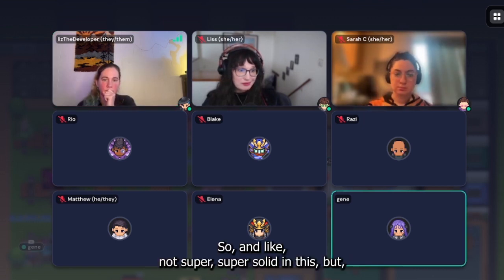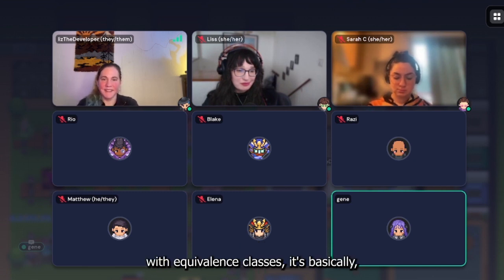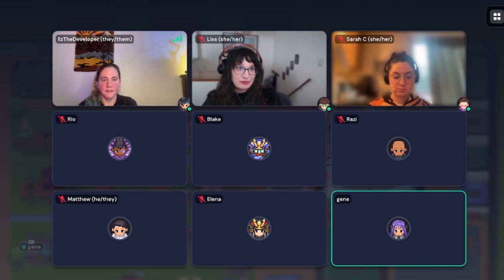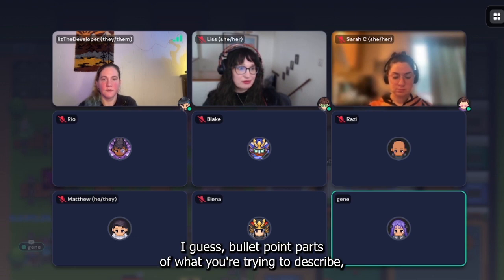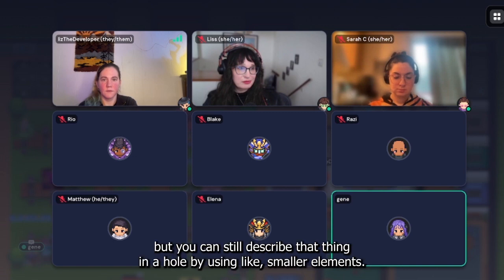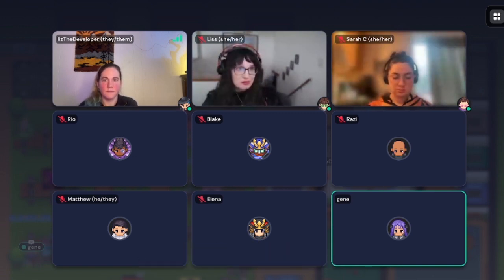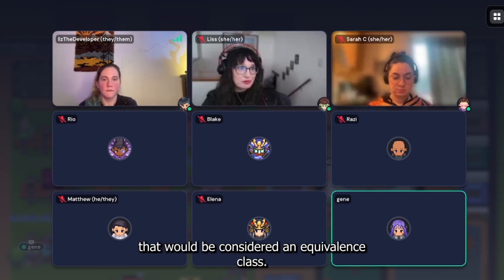I am not super solid on this, but equivalence classes are basically a lower resolution interpretation of whatever your original state is. If you take all of the important, bullet point parts of what you're trying to describe, but you can still describe that thing as a whole by using smaller elements, that would be considered an equivalence class.